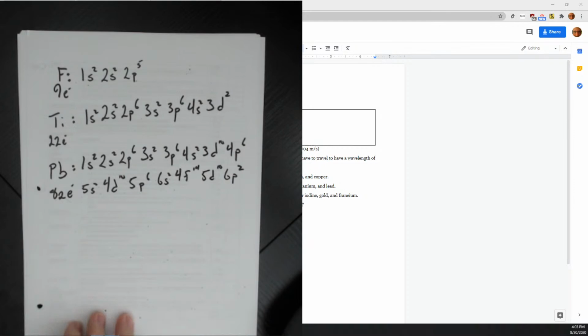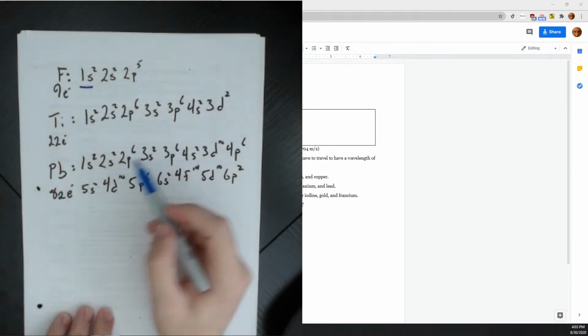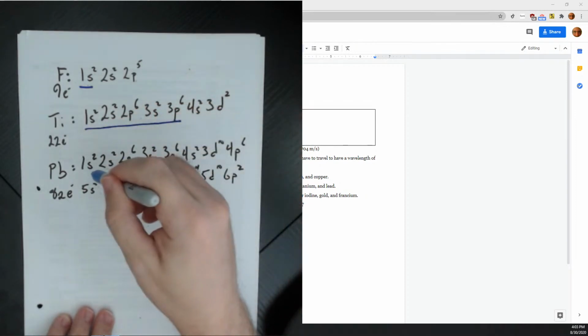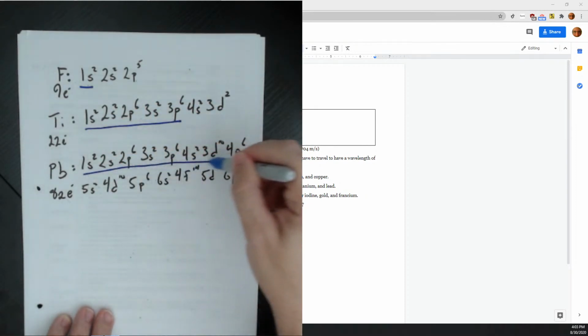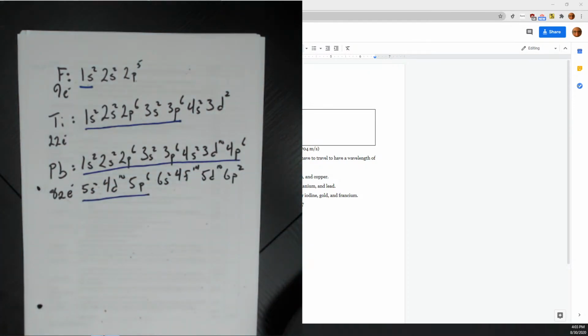All right, so those are the electron configurations, and remember, we don't really care about most of these electrons. So core, okay, so those are all definitely absolutely core.